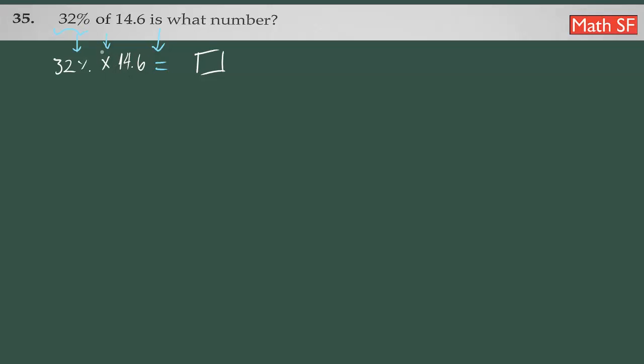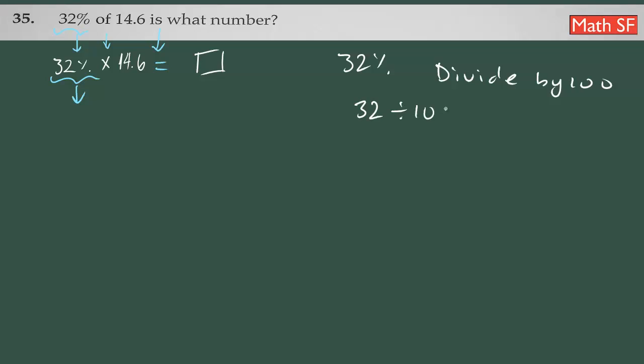I cannot do this operation because I have a percent involved. I must convert this 32%. So I must divide this by 100. So let's divide this by 100. So 32 divided by 100, and if I apply the shortcut, I'm going to move this to the left.